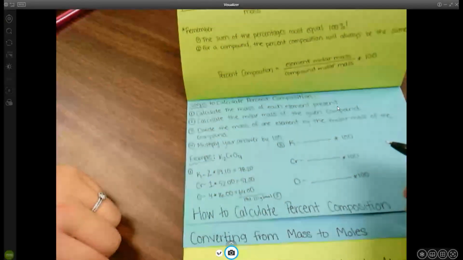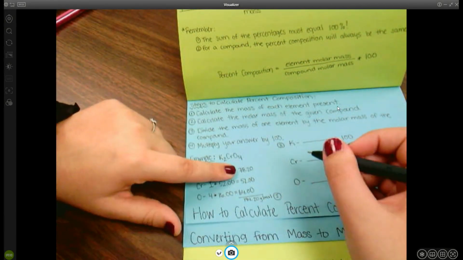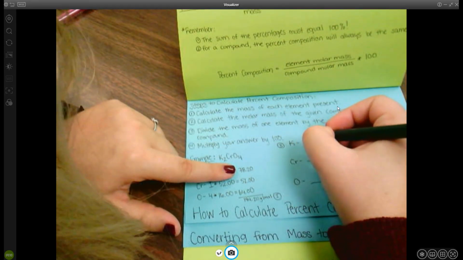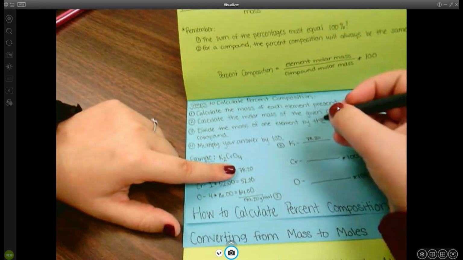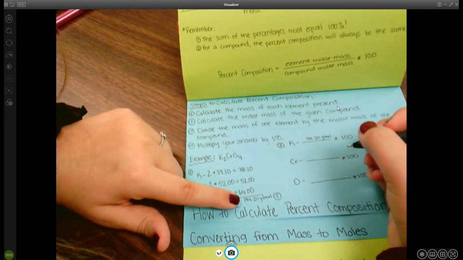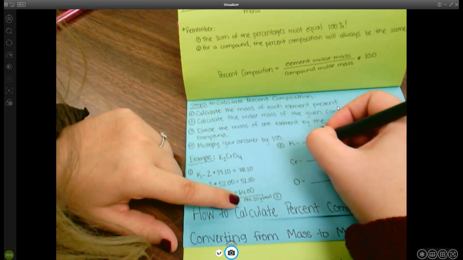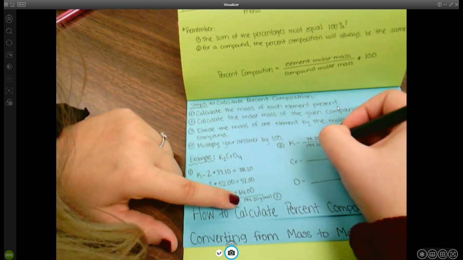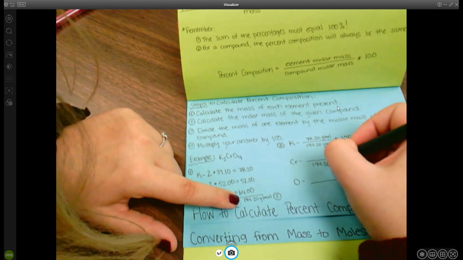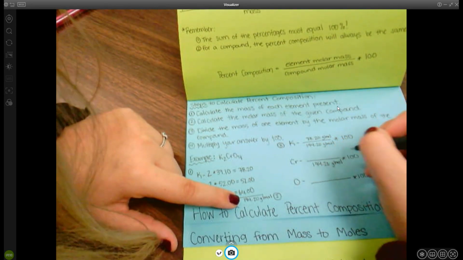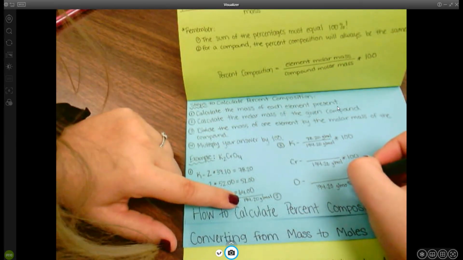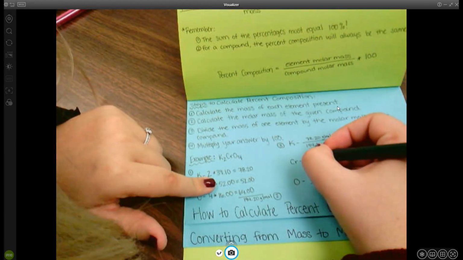We're going to do potassium. Potassium's element molar mass is 78.20 grams per mole. The total compound molar mass is 194.20 grams per mole. Notice the number on the bottom stays the same because we're working within the same compound. The number on the top will change with each element.